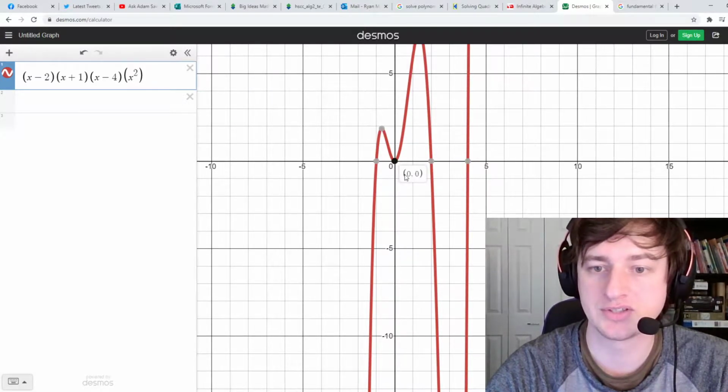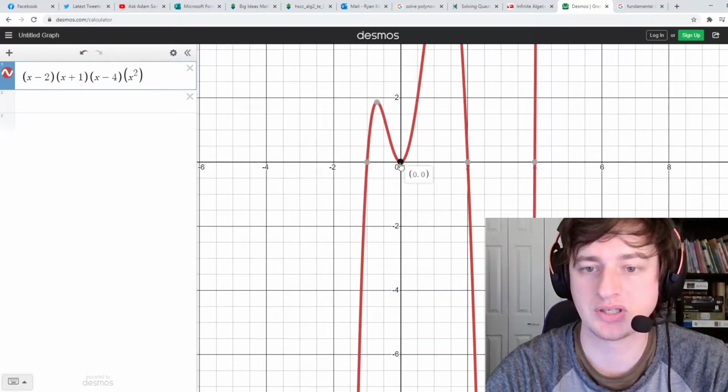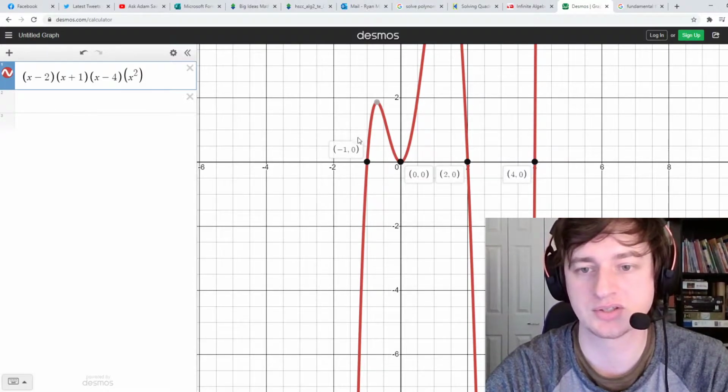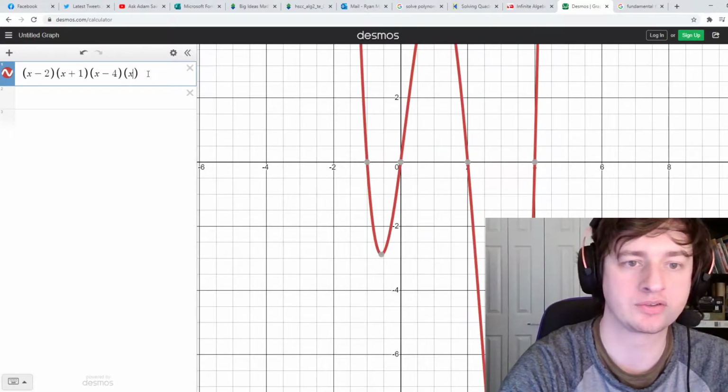Right? And so at 0 here, you'll notice something different happens than what was happening at -1 and 2 and 4. Instead of crossing through the x-axis, the function now bounces right here. And that same thing could happen at any of these other points.